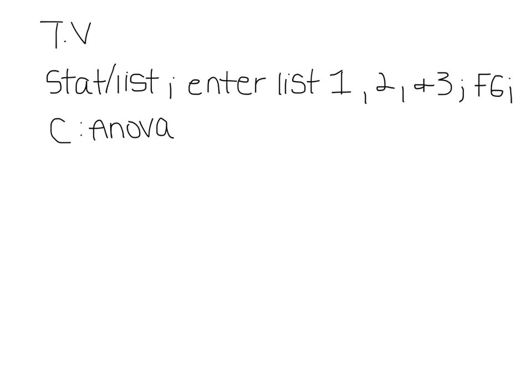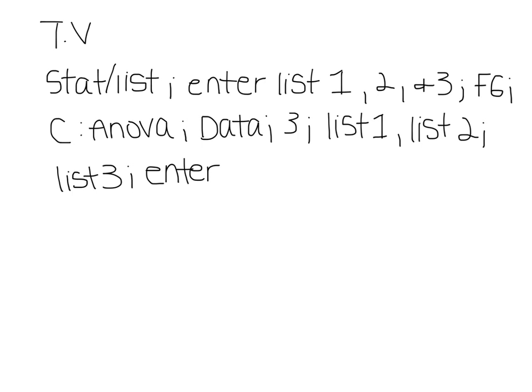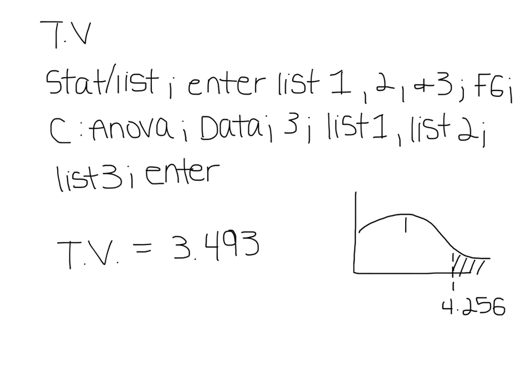Make sure that the data input method says data and that there's the correct number of groups, which is 3. Once you enter all of this, you'll get your test value, which comes out to be 3.493. Next, label your test value on your graph.